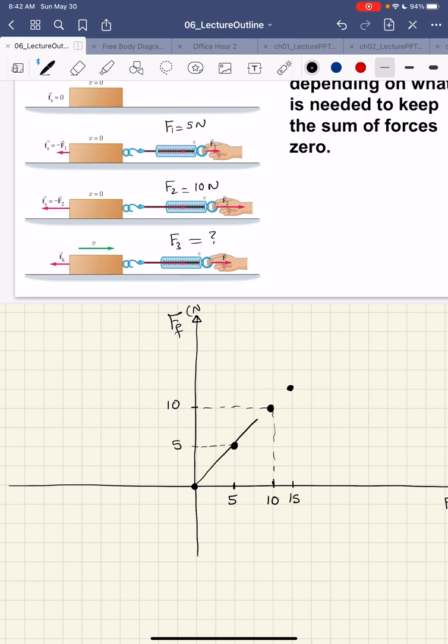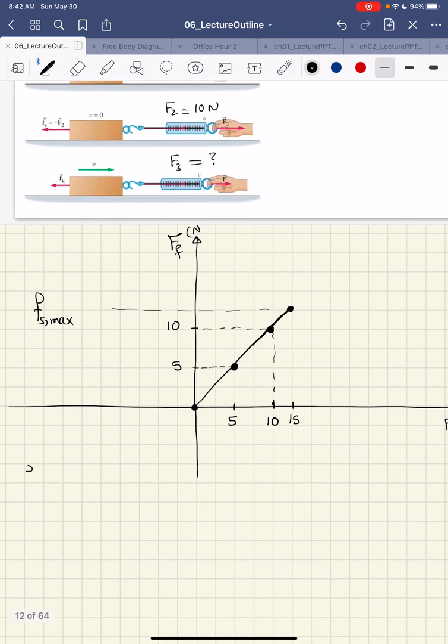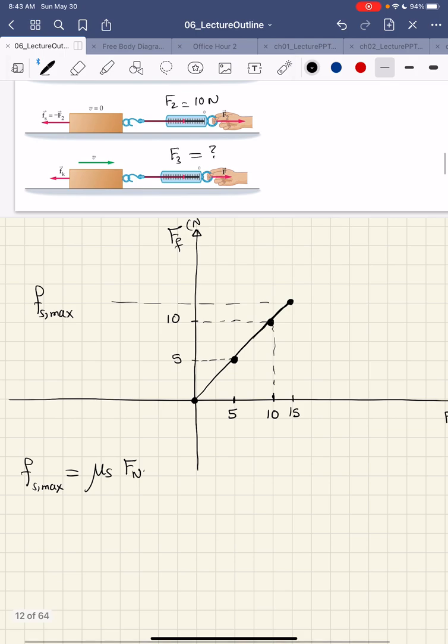And then after that, my object has started the motion. This one here we call Fs maximum. And only at this moment can I say Fs is going to be mu s times the normal force. Then Fs can be any number from 0 to mu s times Fn, which is here 0, 5, 10, till it reaches 15.